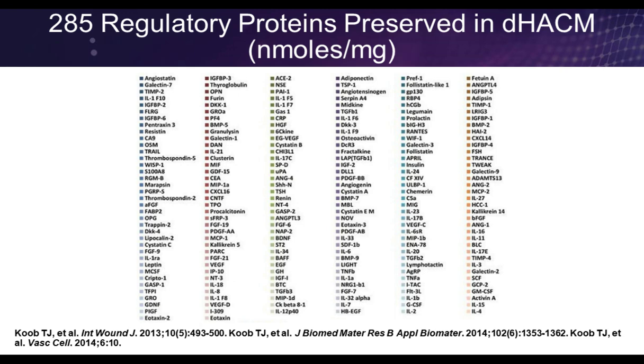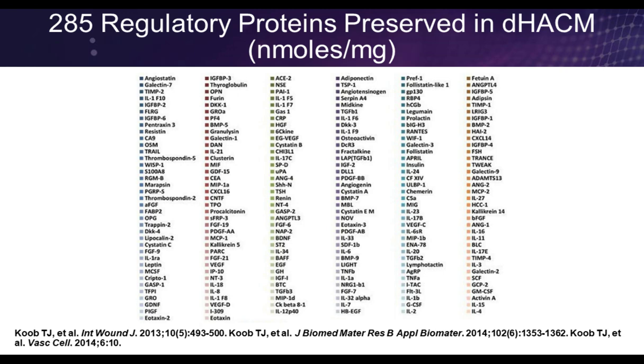Now, this is also important for us to understand that this just isn't matrix. This, in fact, is an incredibly rich source of a large number, over 285 identified proteins that regulate key aspects of wound healing and, of course, fetal development. And this is a listing of the proteins that have been identified using a variety of techniques, including quadrupole mass spec, in a dehydrated human amnion chorion membrane, the so-called DHACM.